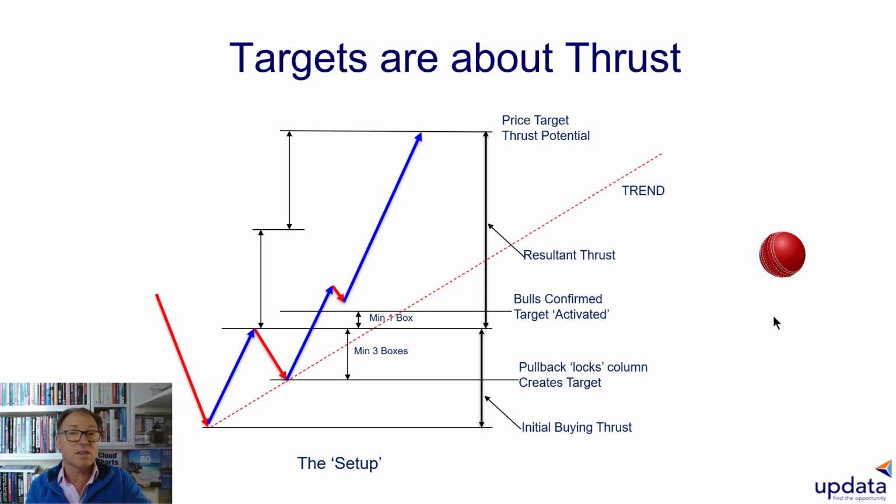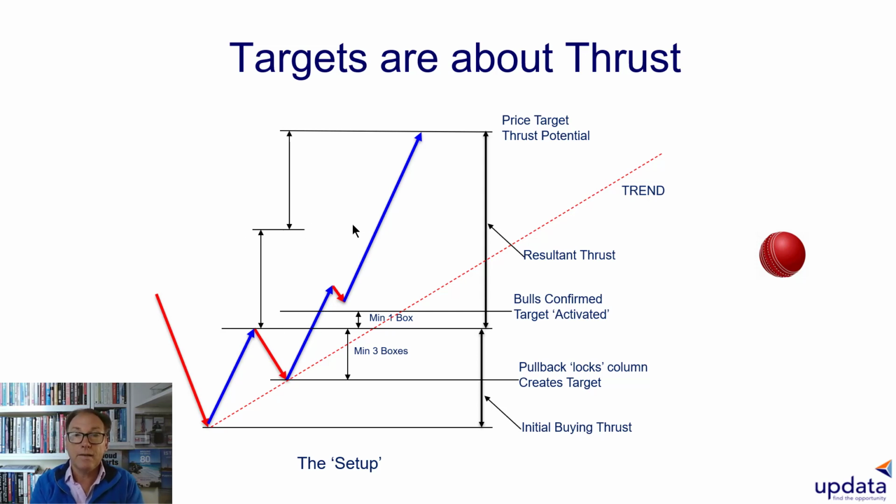So this is the theory: the bigger the initial thrust off the low, this initial uninterrupted buying thrust, where we don't pull back by more than one box, the better. We then pull back, and then the really key thing is all these buyers are confirmed by a move higher. The key thing about point and figure is that you have to move a box size higher to activate. So it's not just reaching that same point or going a little bit higher, you have to go one full unit higher.